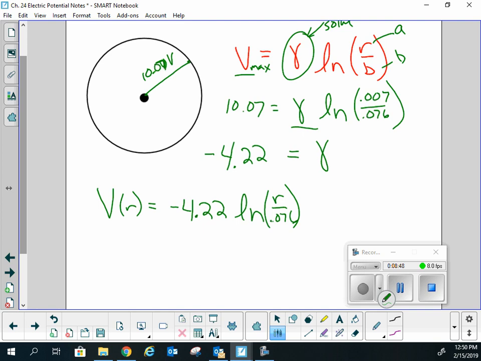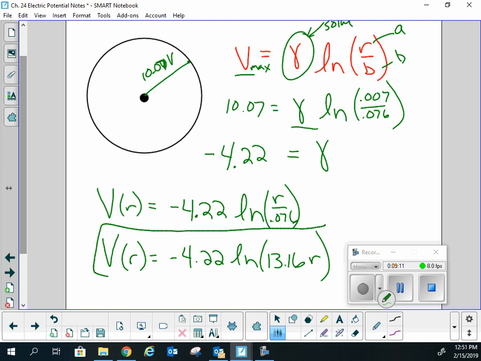Another way to write that would be to just take 1 over 0.076, so that you just have a coefficient in front of R instead of a division. That would make it a little bit simpler, which would be 13.16 times R. And there is our expression. That's our end goal.